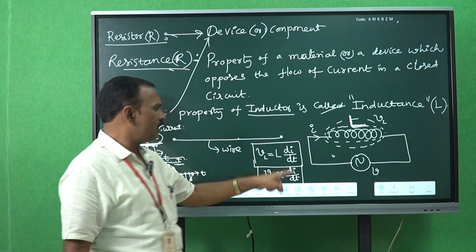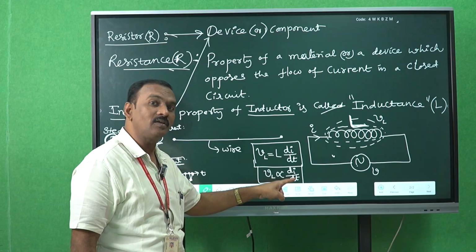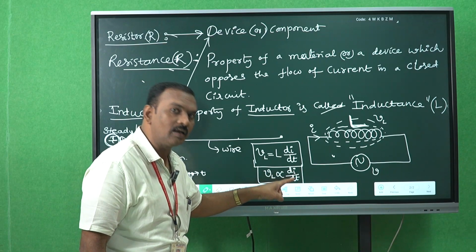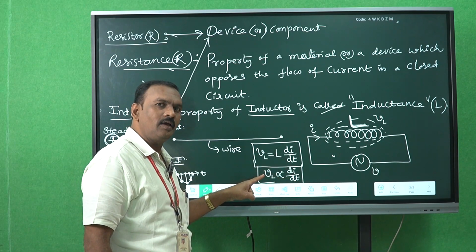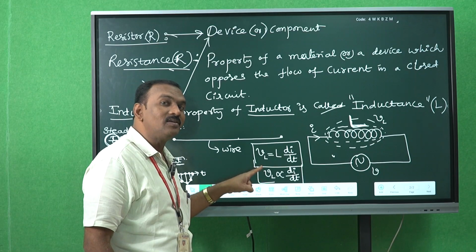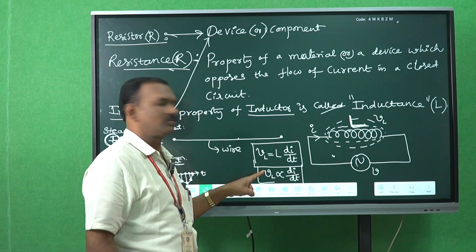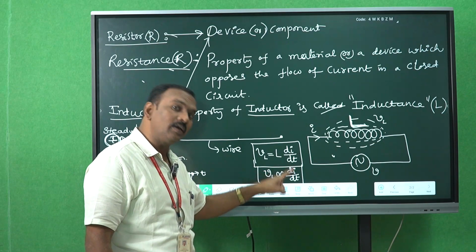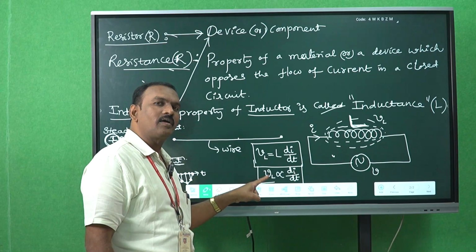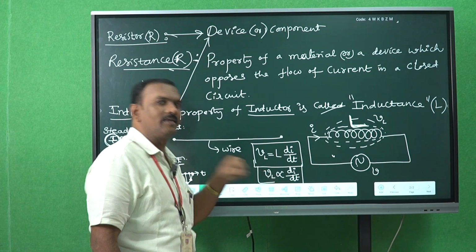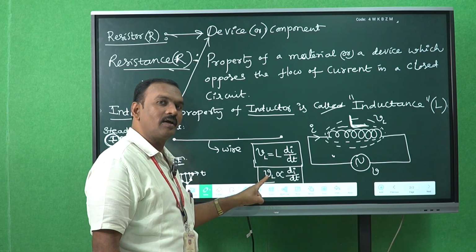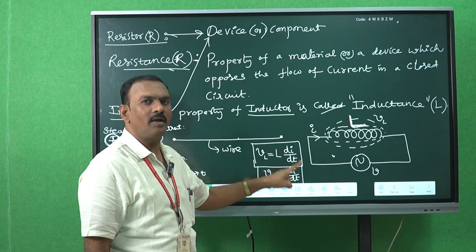If the rate of change of current increases, the induced voltage across the inductor also increases. If the rate of change of current decreases, the induced voltage also decreases. This is the voltage across the inductor, L di by dt.